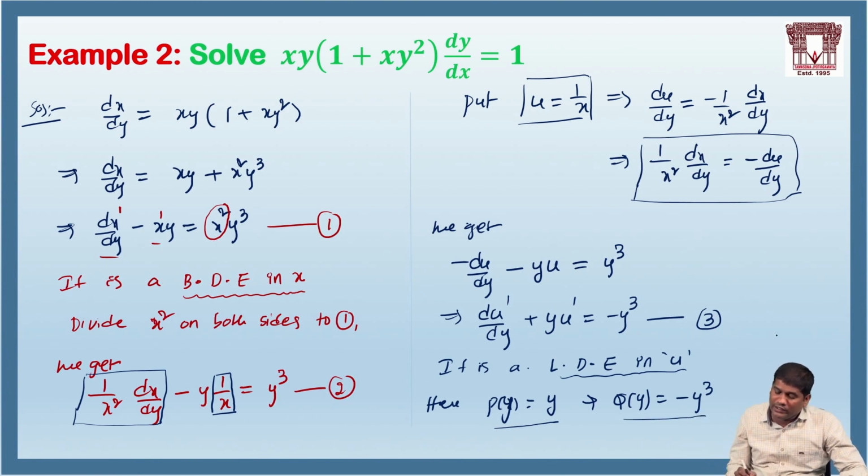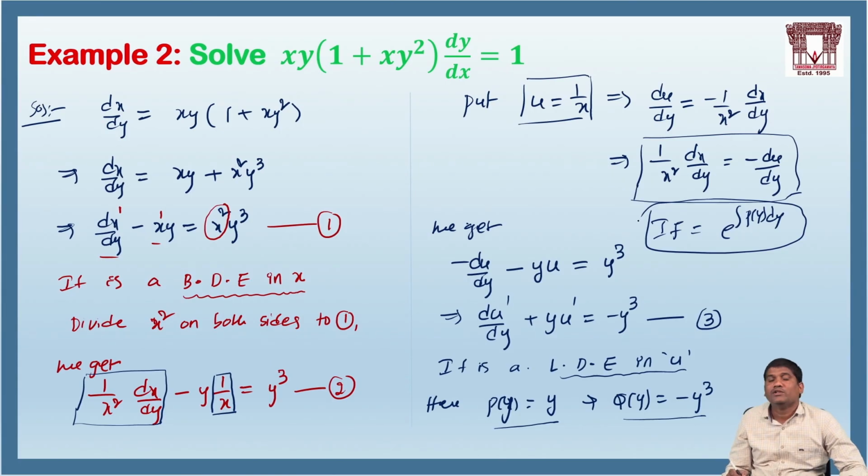Coming to its integrating factor, IF is equal to e to the power integral p of y dy. Now we have to use this formula to find the integrating factor of this differential equation.